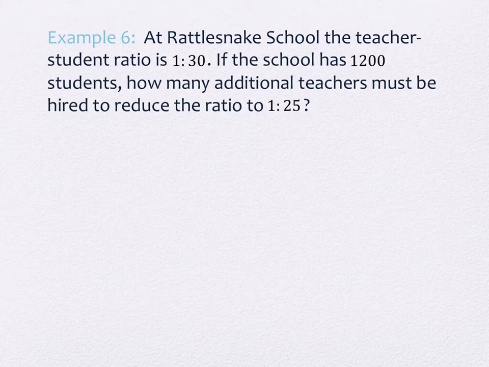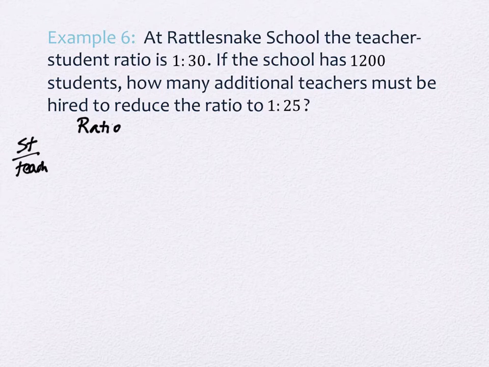Yep, there's a ratio issue, right? The ratio itself. And I mean this as a ratio. And then the other piece is the actual number of students and teachers. Are you with me?